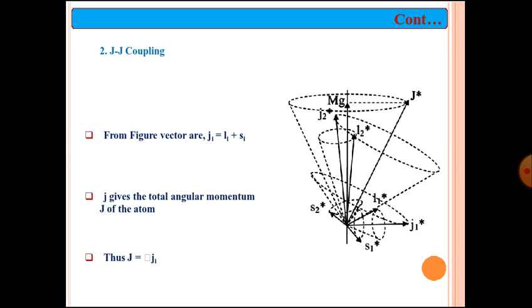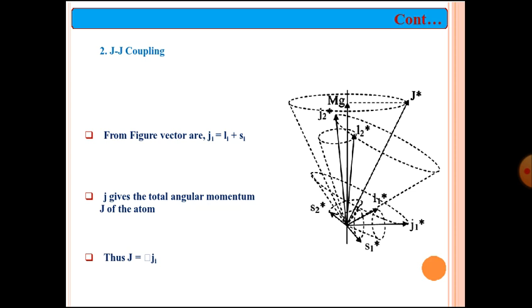The next one, JJ coupling scheme. This method is employed when the interaction between the spin and the orbital vectors of each electron is stronger than the interaction between either the spin vectors or orbital vectors of the different electrons. The orbital and spin angular momentum of each electron in the atom are added to obtain the resultant angular momentum of the electron.